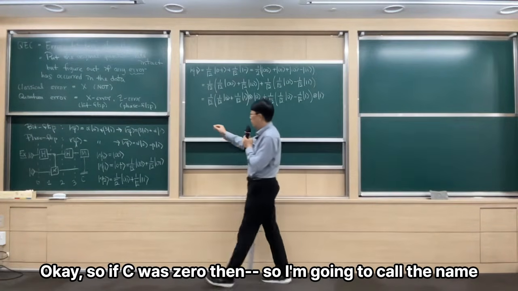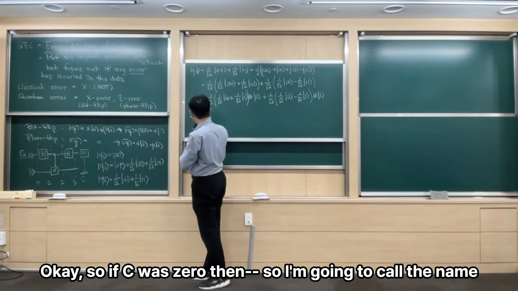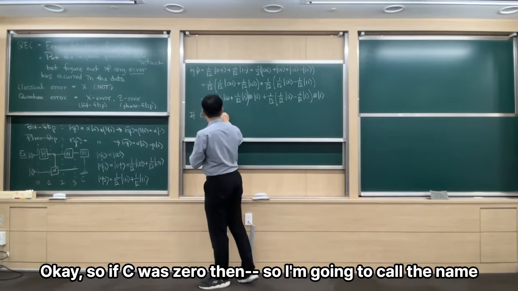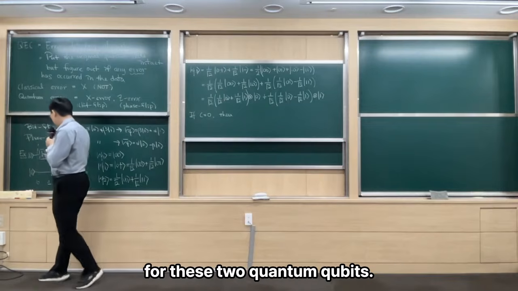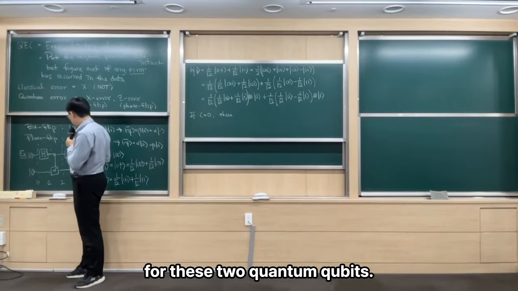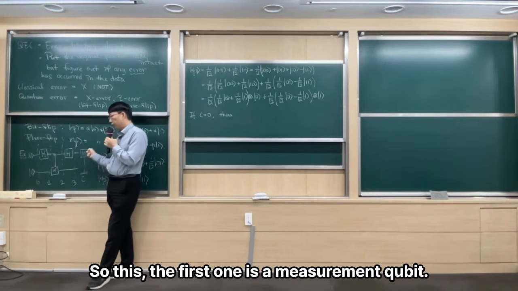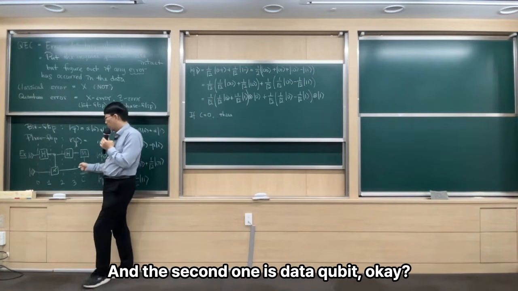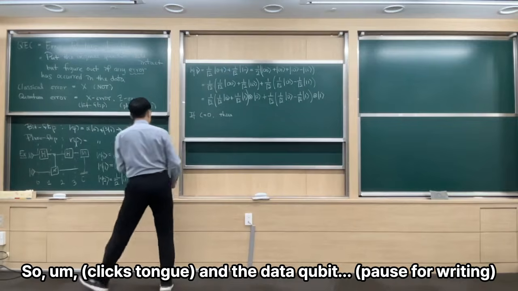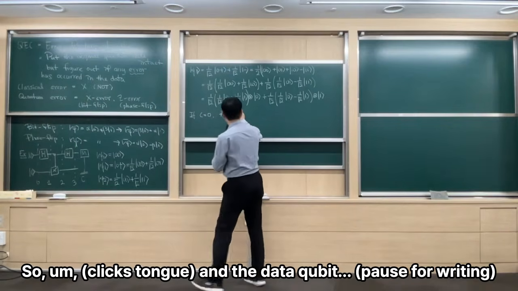Okay, so if C was 0, then, I'm going to name these two qubits. The first one is the measurement qubit, and the second one is the data qubit.